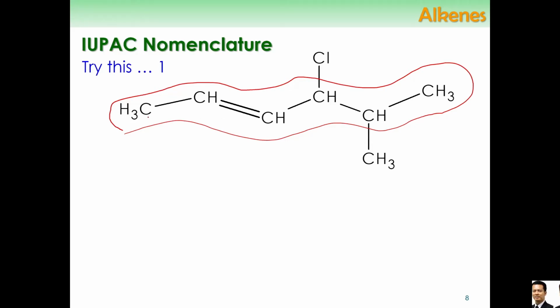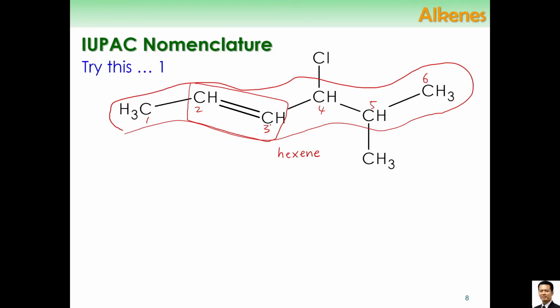So it means at this part, on the left: 1, 2, 3, 4, 5, 6. And this is 6 carbon atoms, so the name will be hexene. Okay, hexene. And you need to label the position of the double bond. The double bond is between carbon 2 and carbon 3.